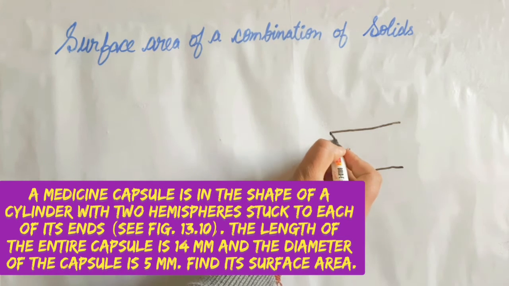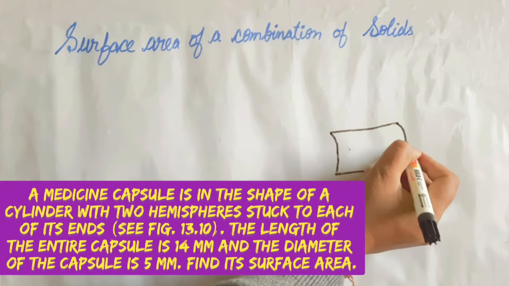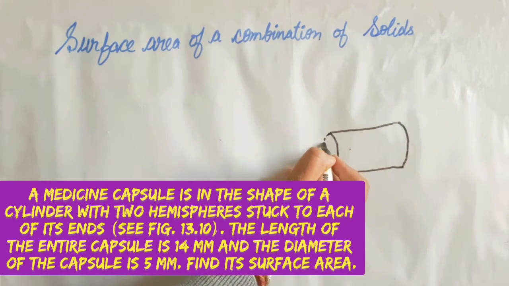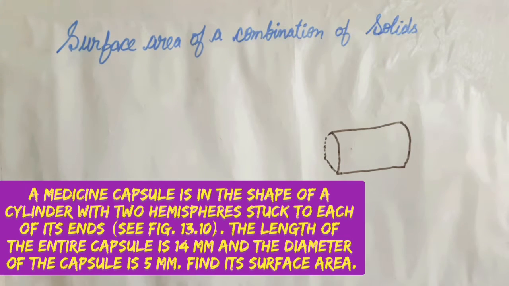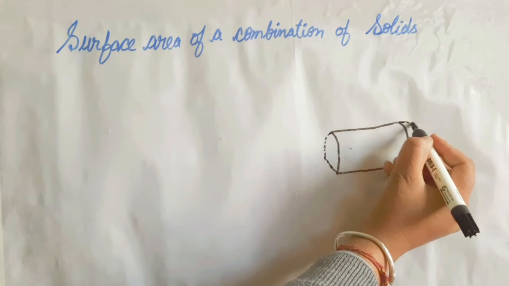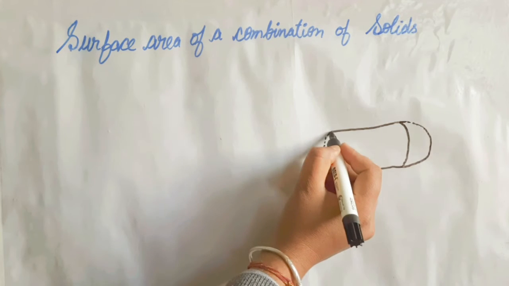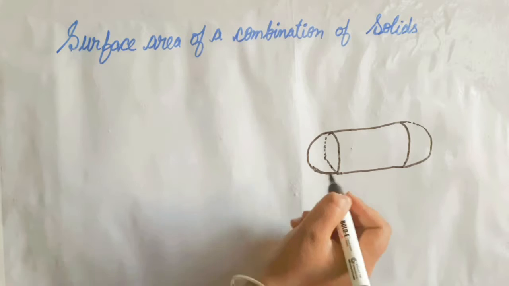The capsule is in the form of a cylinder which from both ends is stuck with hemispheres. So one hemisphere is here, one hemisphere is here.